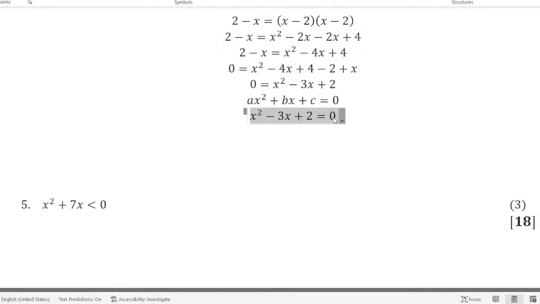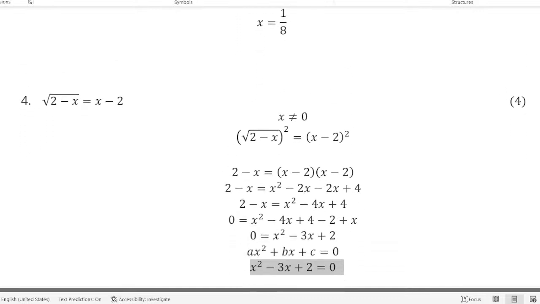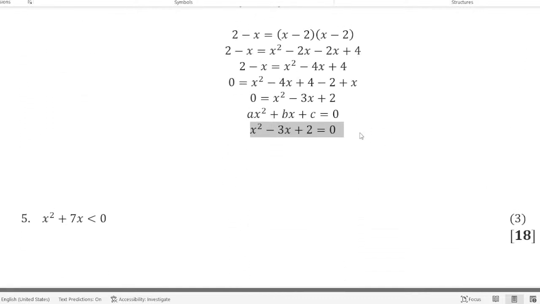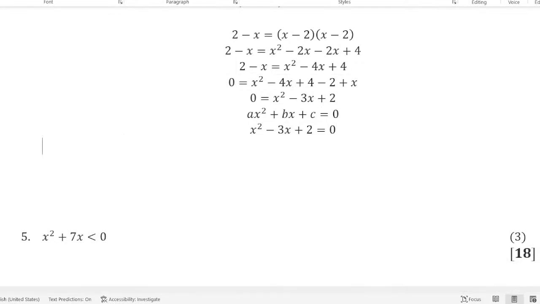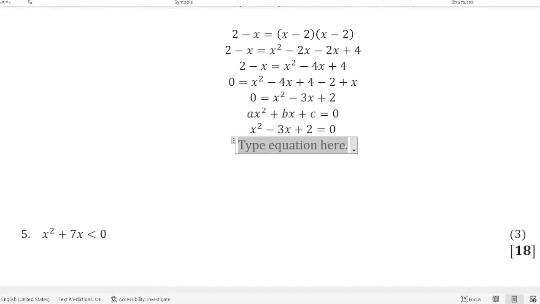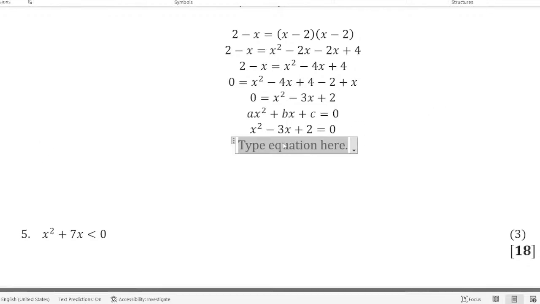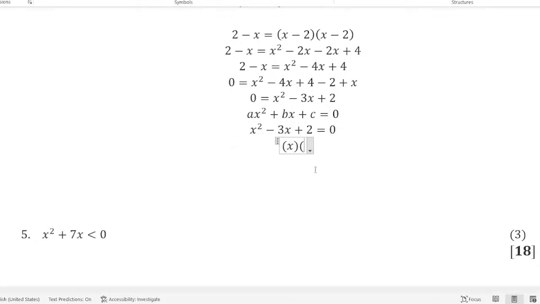So remember, this is 4 marks, which means that you have to use the factors. In other words, you have to factorize. Factors of 2, okay, this one is quite easy. Factors of x squared that can give us x squared are going to be x and x, right?